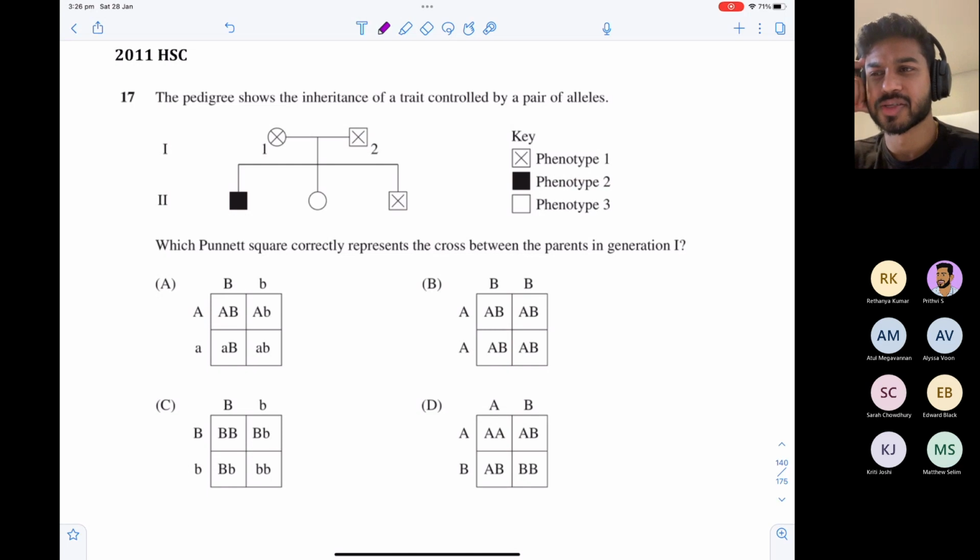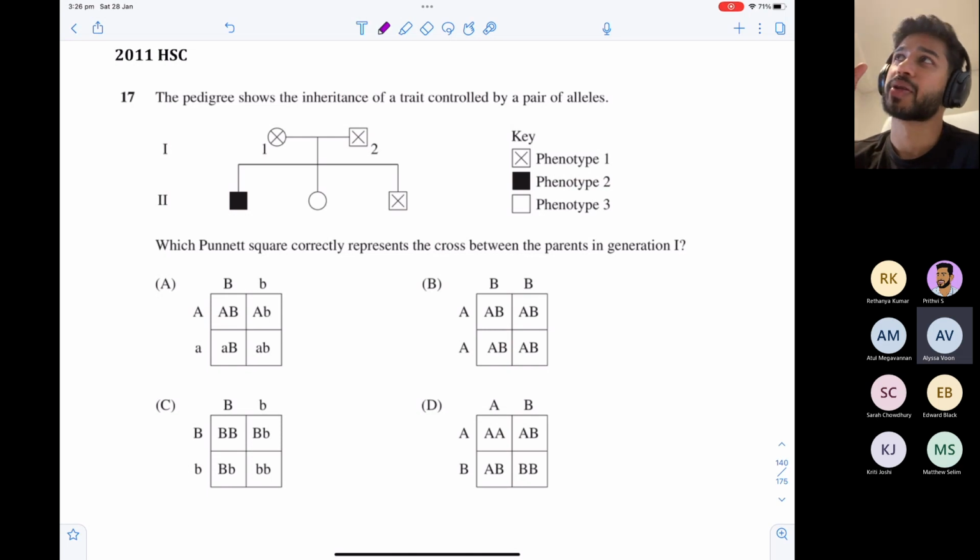So in what cases would you expect to see 3 different phenotypes? Alyssa? What kind of inheritance would give you 3 different phenotypes, Alyssa? If it was dominant. So autosomal dominant? Not quite, because then it'd just be affected, unaffected, right?